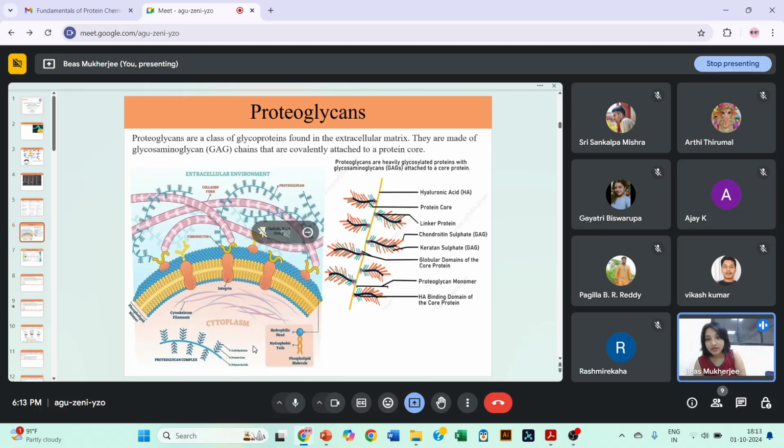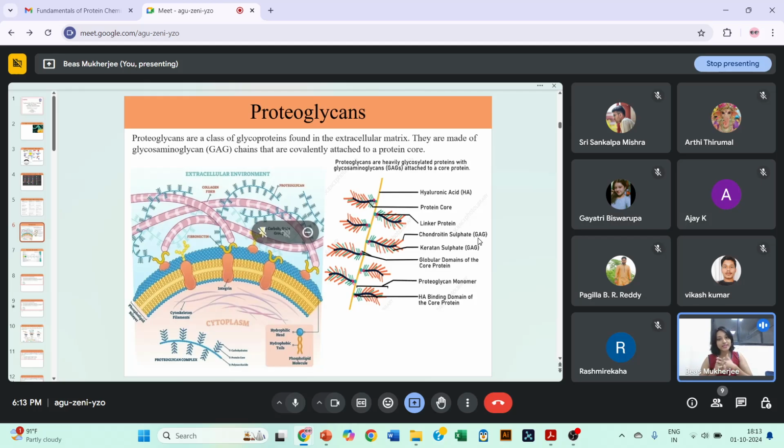So if you look at this figure, the one on the left shows you how these proteoglycans are arranged in the extracellular matrix. And if you look at the zoomed in diagram, you will see that this feather-like structure is the protein core, and this long structure is actually hyaluronic acid, and to that you can see that these glycosaminoglycans are attached.